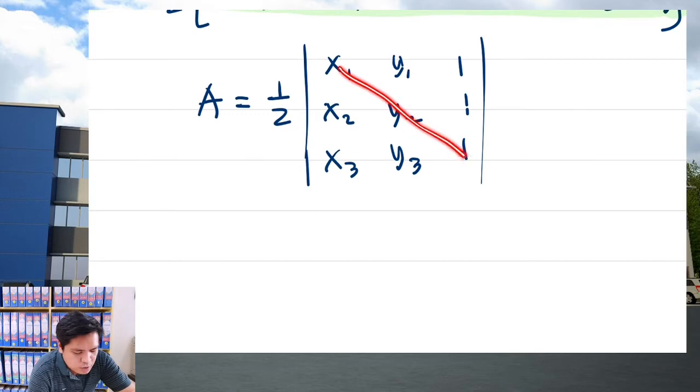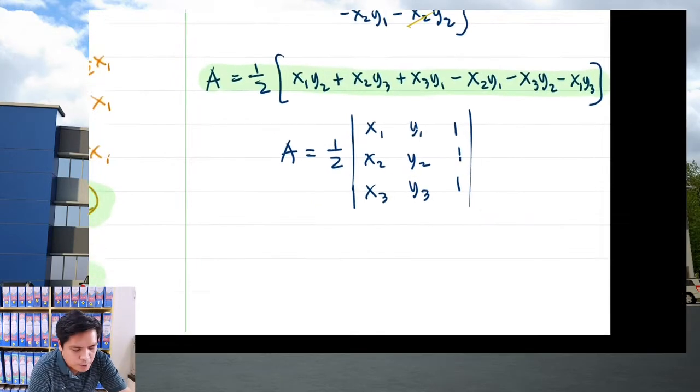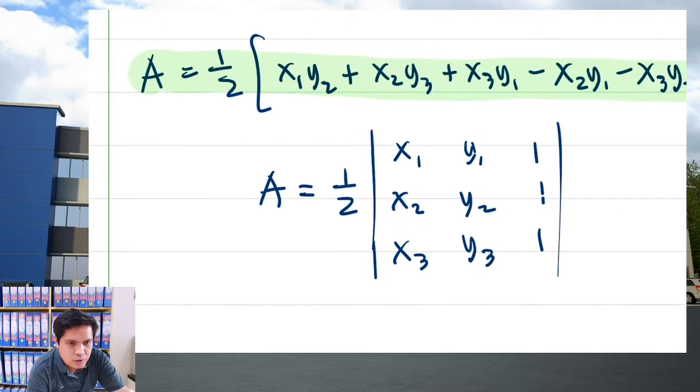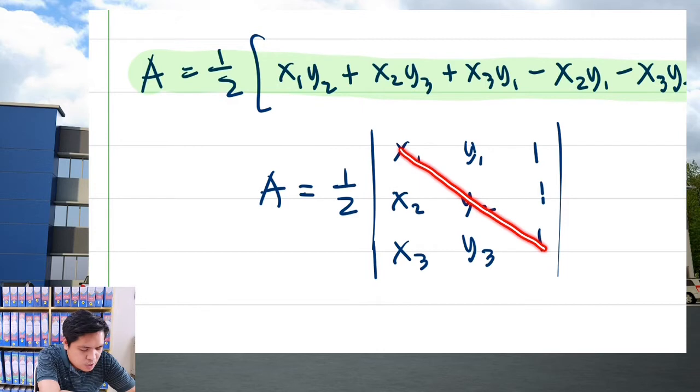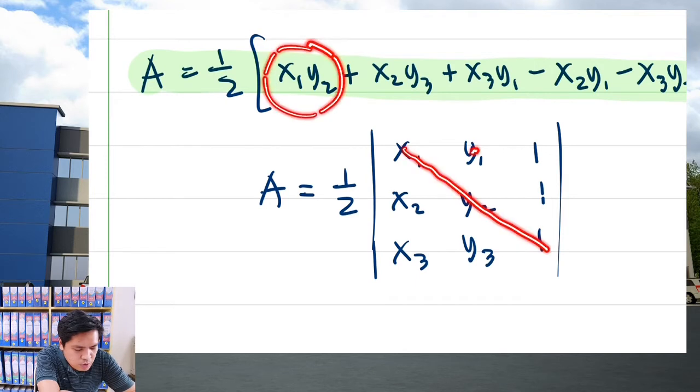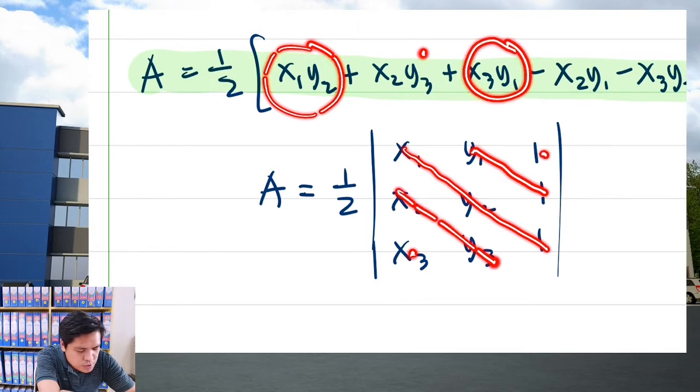And if you get the determinant of that, I'm not sure if tapos na kayo nito. But the determinant is, ito lang yung pattern. This times this times this. So, x1 times y2 times 1. Ito yun. Then, y1 times 1 times x3. Tapos, 1 times x2 times y3.